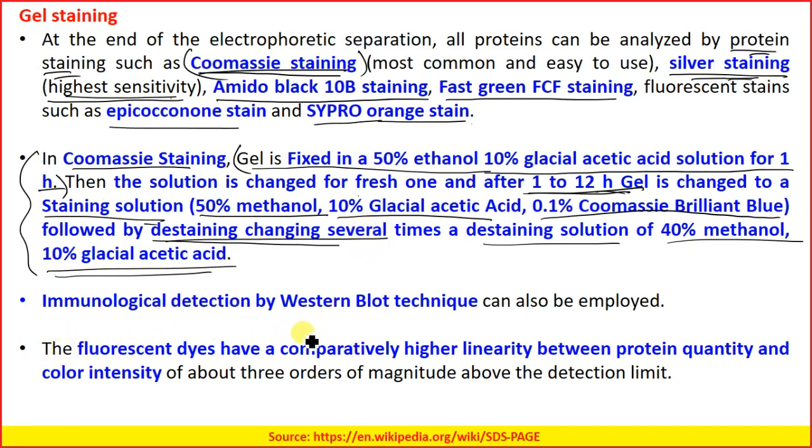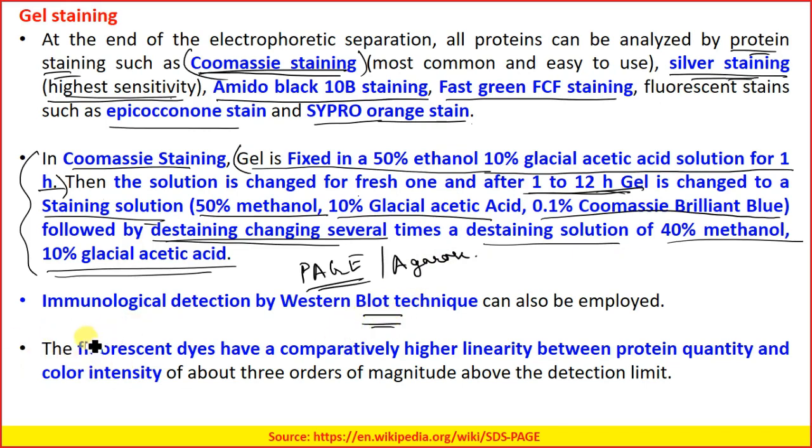Then this PAGE, as I said, both PAGE and agarose gels can be used for blotting techniques.